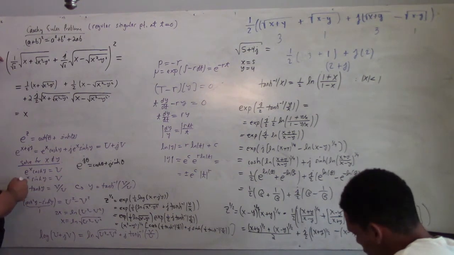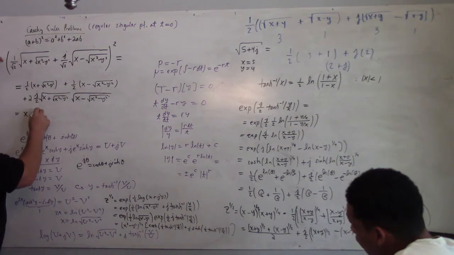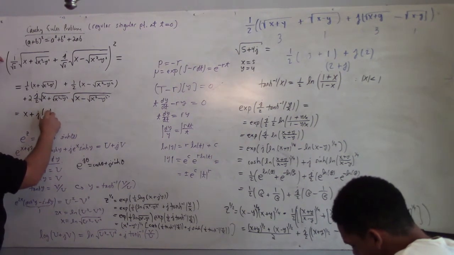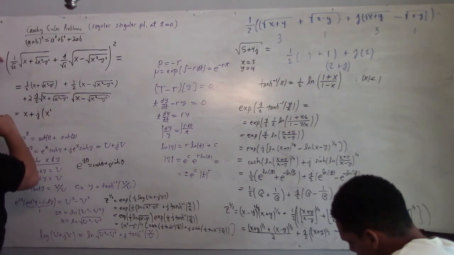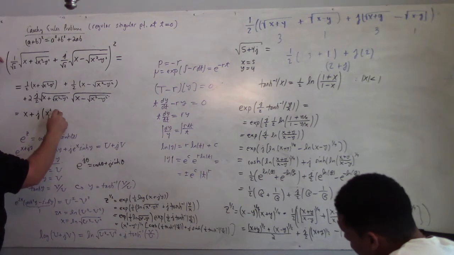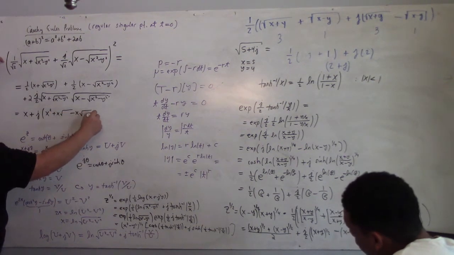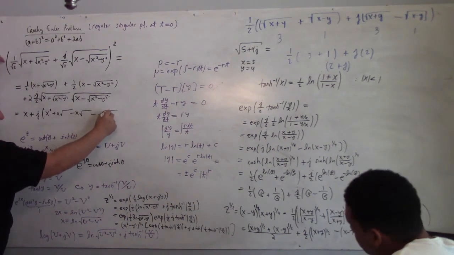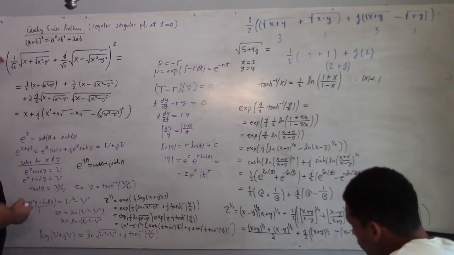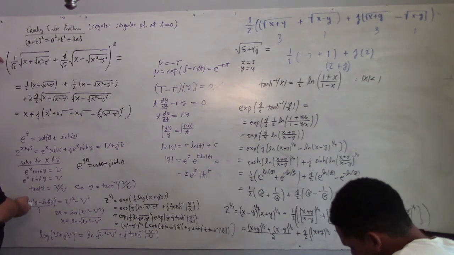What happens with this mess in here? We multiply that, we get x squared, plus x square root minus x square root, minus the square root of x squared minus y squared squared. So the cross terms cancel.